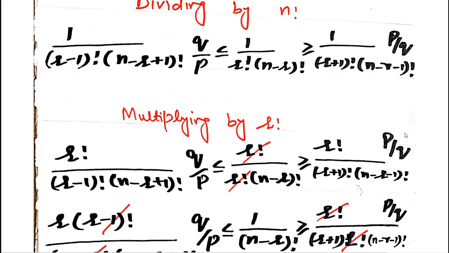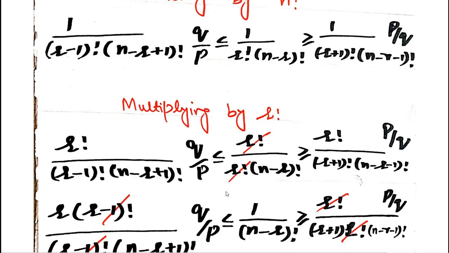Now multiply these terms by r factorial. So write r factorial in the 3 equations. Here is r factorial, cut this r factorial with this r factorial.